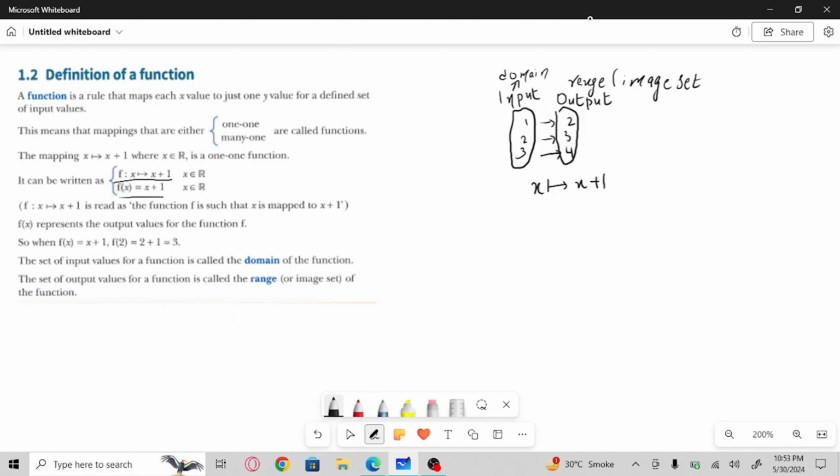This is because we are getting the image of the input after it goes through a function. That's why it's called an image. But it is better to be familiar with these two, domain and range, as these mostly come in the papers.